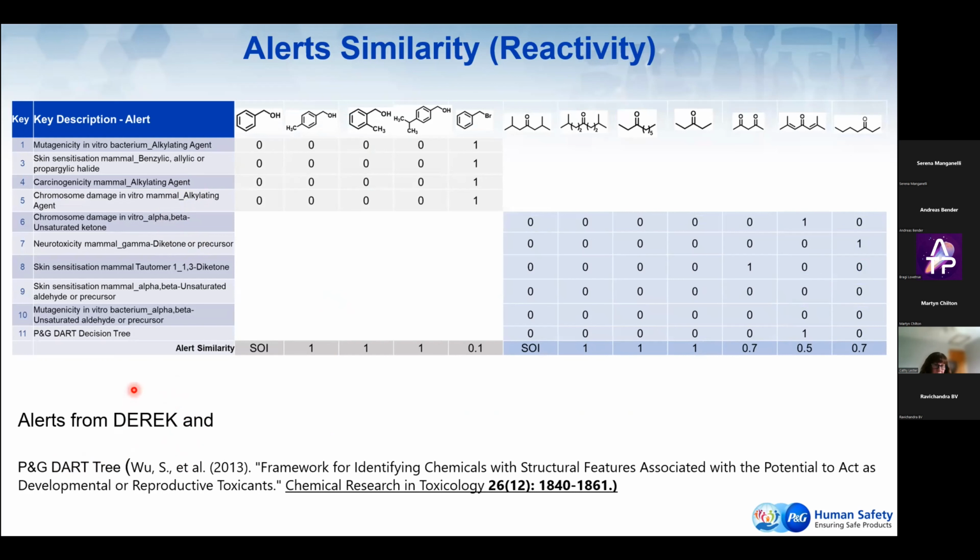By combining the output from both of those tools, we can assess the relative reactivity or alert similarity. And our reactive chemistries are reflected in those alerts as well.